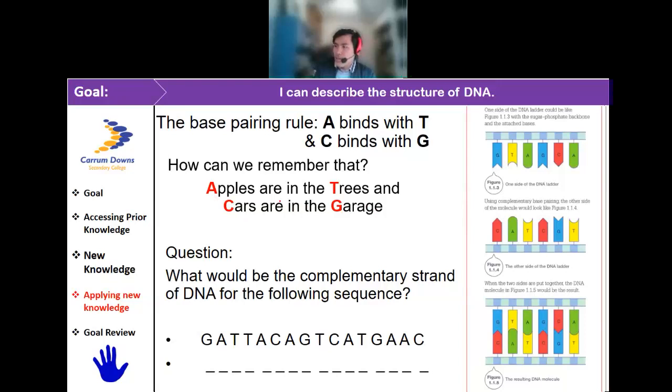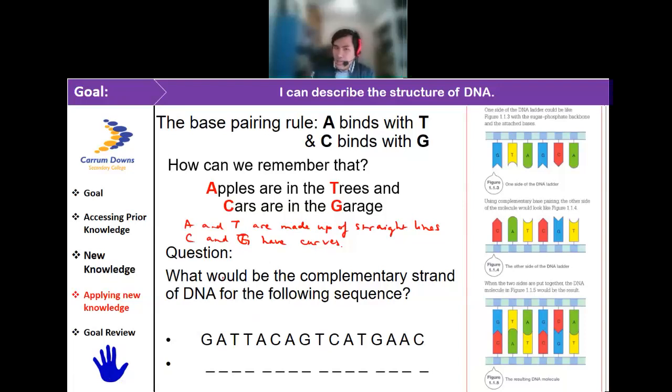So A, T, C, G. The other way that you can remember this is A and T are made up of straight lines. And C and G have curves. So that's another way to remember.